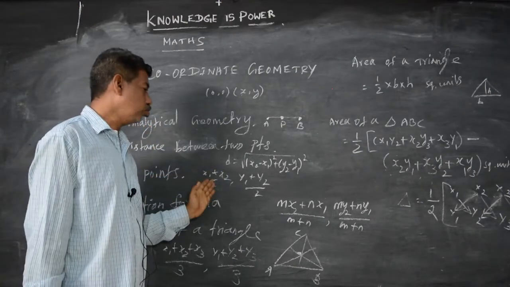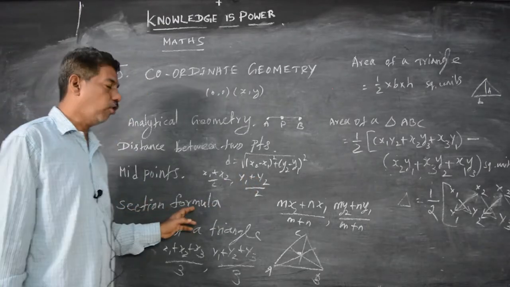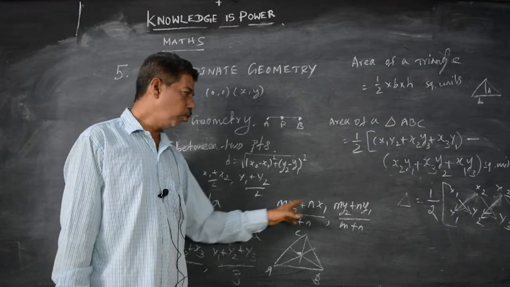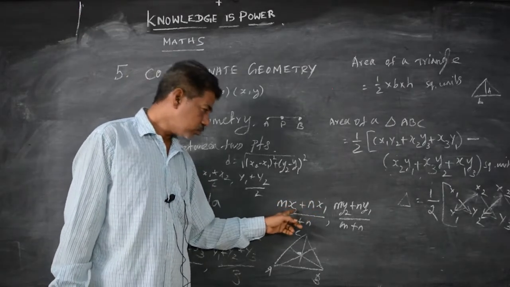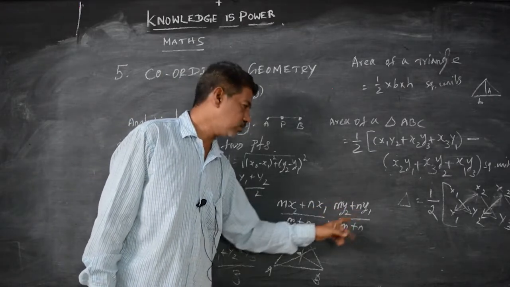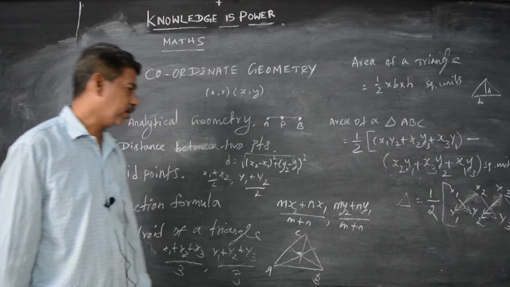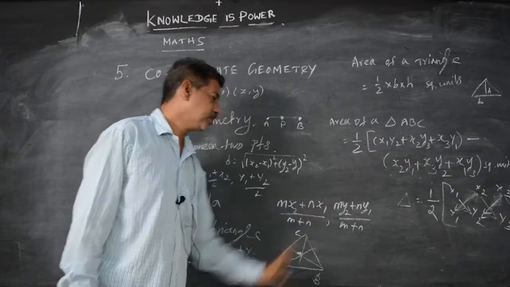Midpoint: x1 plus x2 by 2, y1 plus y2 by 2. Next is the section formula, where we have external and internal division; both are the same, only plus and minus differ. (mx2 plus nx1) by (m plus n), and (my2 plus ny1) by (m plus n). For external division, minus will come here, that's all.